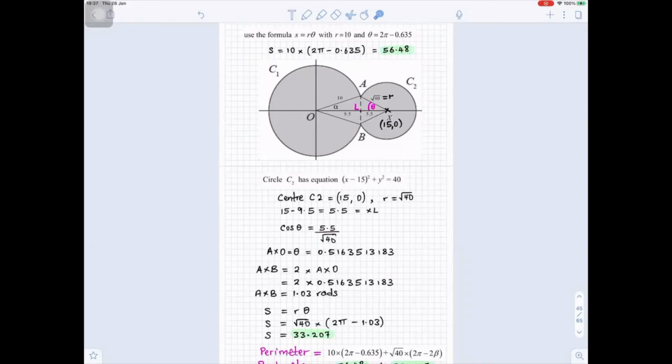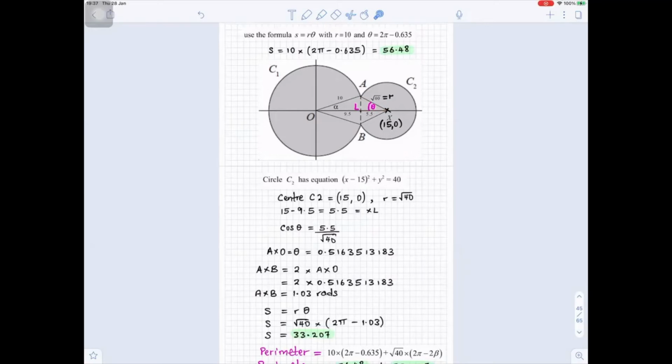So if we do 15 minus, because from that (0, 0) point to that point there is 15, 15 minus 9.5 gives you 5.5. So cosine of theta is adjacent, which is 5.5, over the hypotenuse, which is square root of 40.